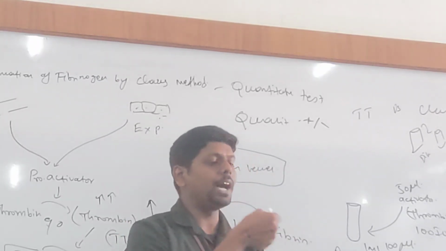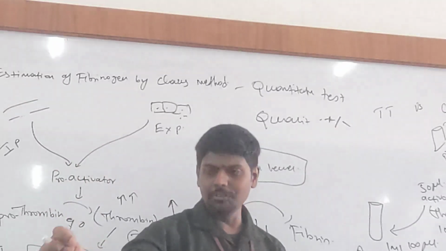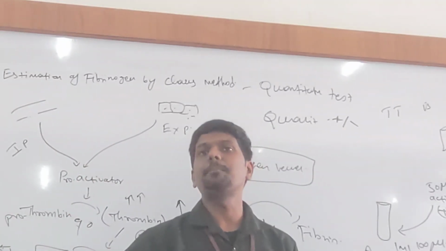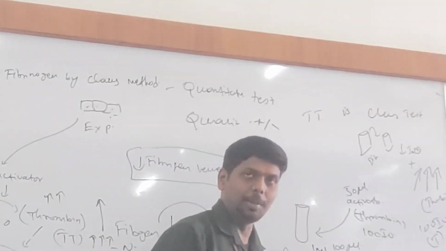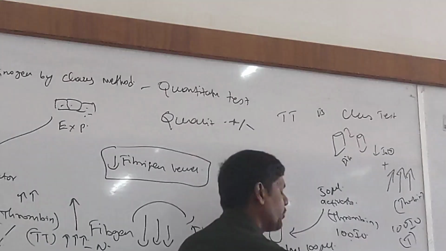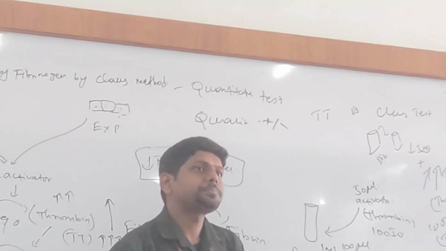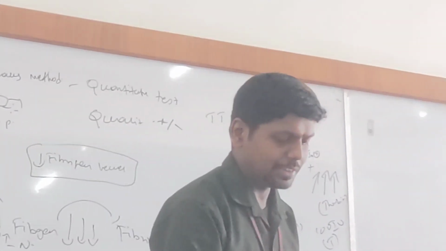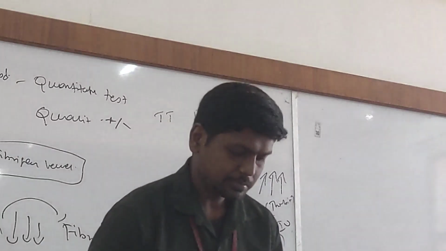With this test value, I understood how much I need to give to the patient. I mean anticoagulant. After giving anticoagulant, I need to measure his activity. Again, I will take a sample. Now, in a heparin therapy patient, what will be the levels of TT? That is my question. In anticoagulant therapy, what will be the levels of Claus test?